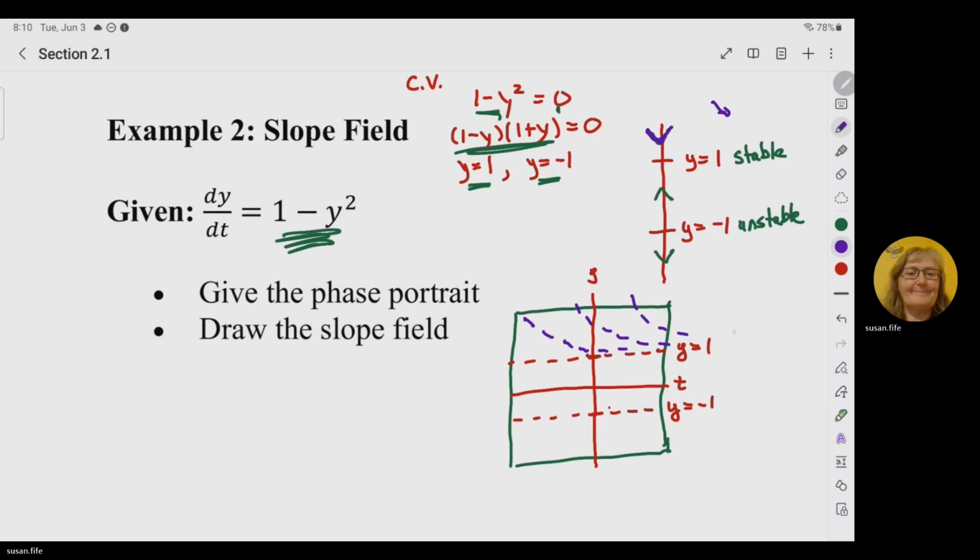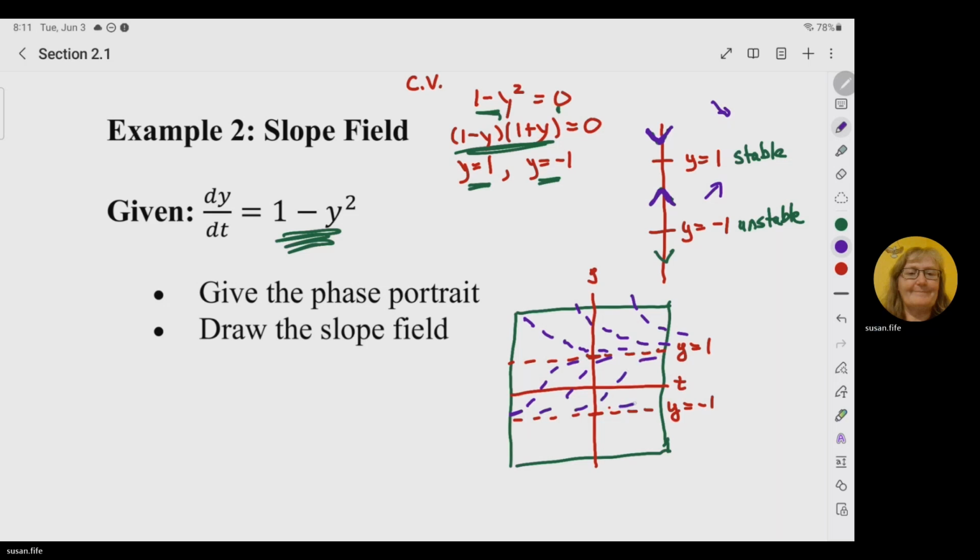In between y equals -1 and y equals 1, my slope is positive. A positive slope is a slope that goes up to the right. So I know at y equals -1, my slope is 0. So my slope close to that is going to be close to 0, but it's going to be positive. It's going to come up, and then it's going to level out again. Up, and then level.